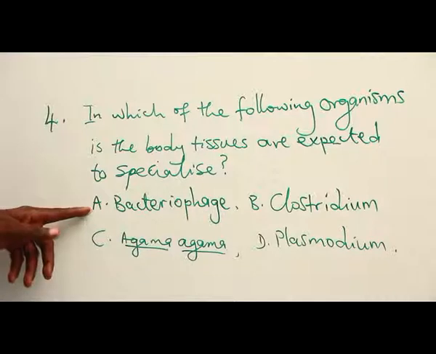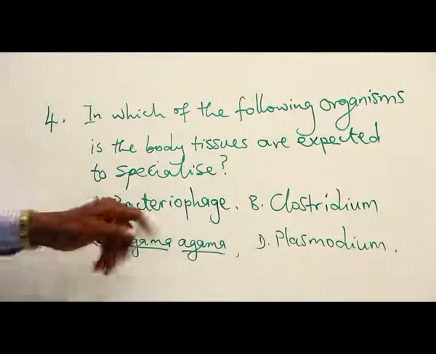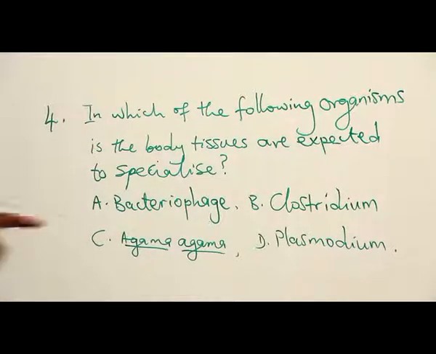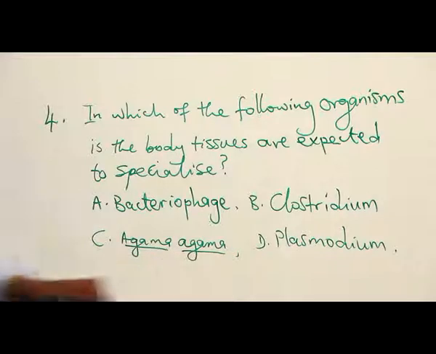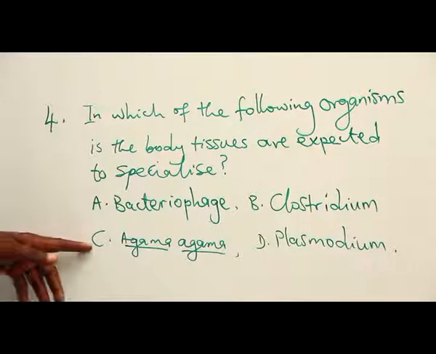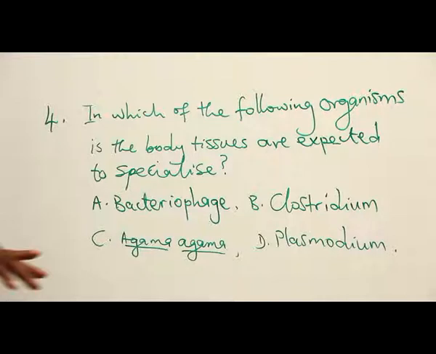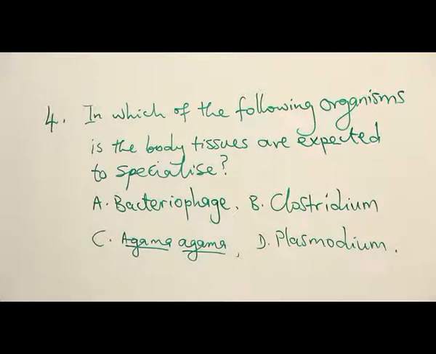Now, looking at option A, bacteriophage is just a virus. Option B, Clostridium is a bacterium. Option D, Plasmodium is a protozoan, which is a parasite, the malaria parasite. C, Agama is a reptile, having a higher body complexity.